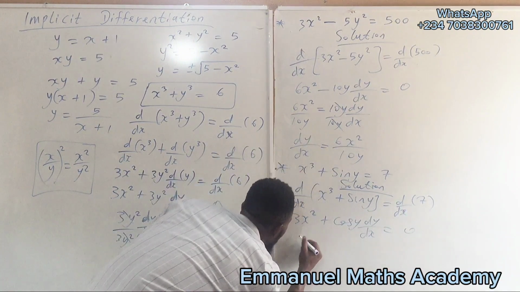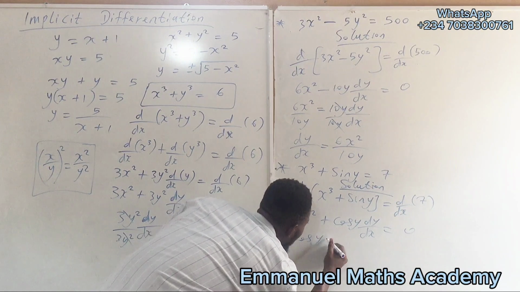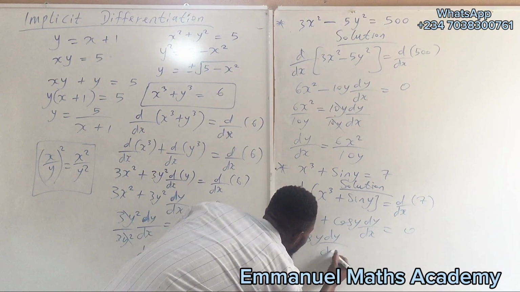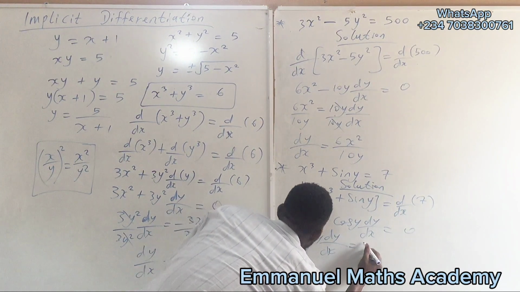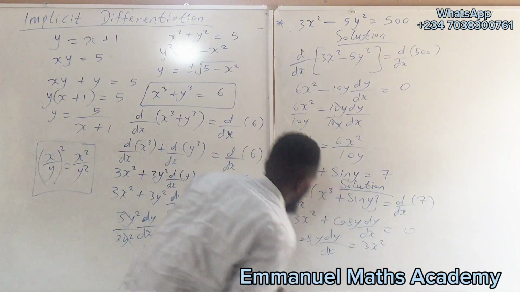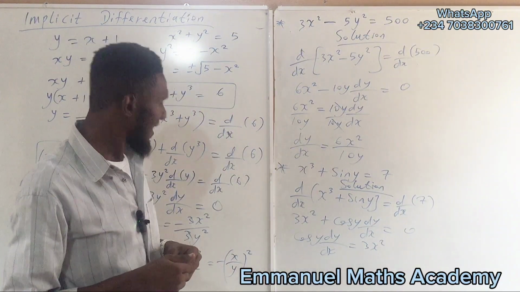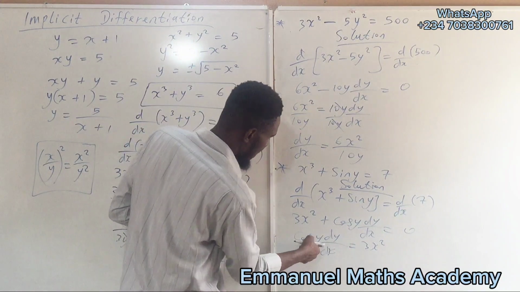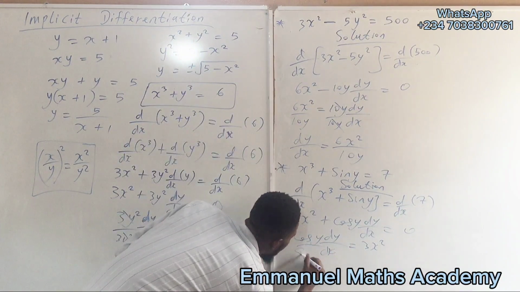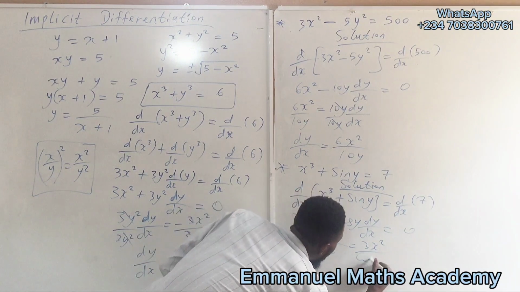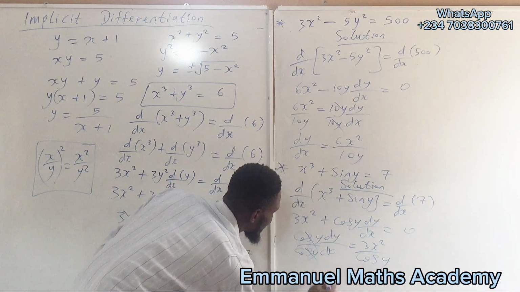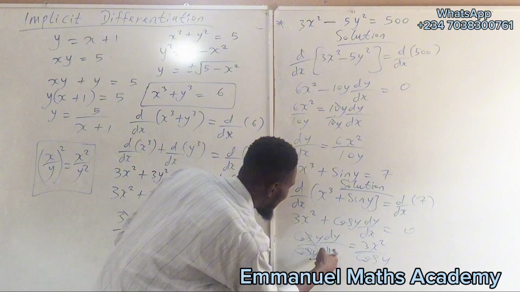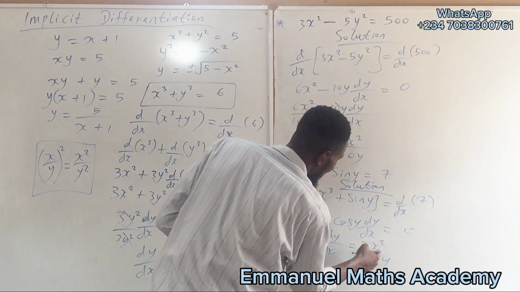This will now give you what? cos y dy/dx equal to minus 3x power 2. Right? Then if you divide both sides by cos y, cos y cancels cos y, right? You now have that dy/dx is equal to this.